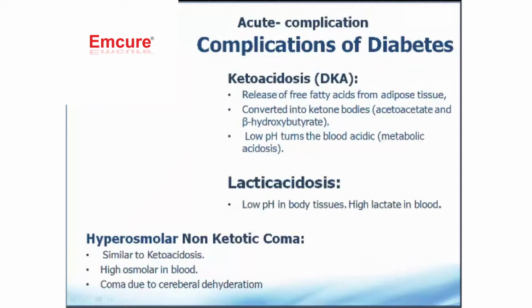Lactic acidosis is a similar condition wherein a high amount of lactic acid is found in the blood and body tissues experience low pH. If we try to understand the hyperosmolar state, wherein a patient can go into a non-ketotic coma, it is a similar condition to ketoacidosis, whereas the osmotic pressure increases and the patient can land in a coma.